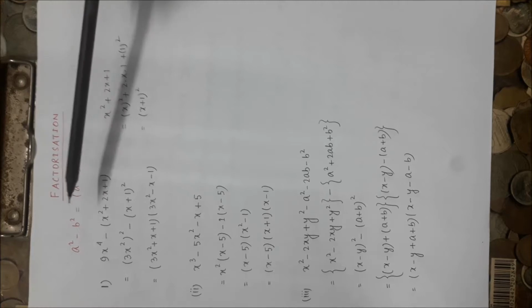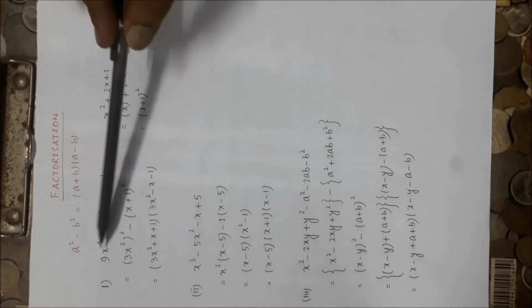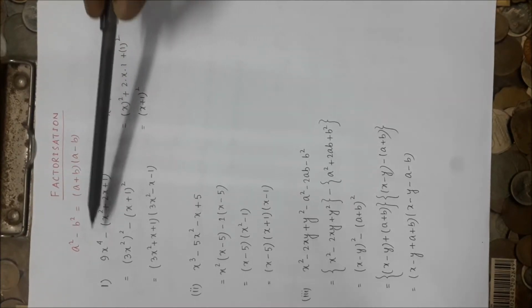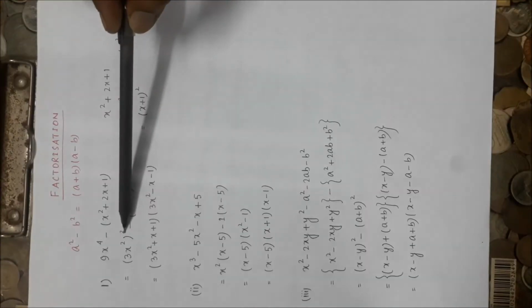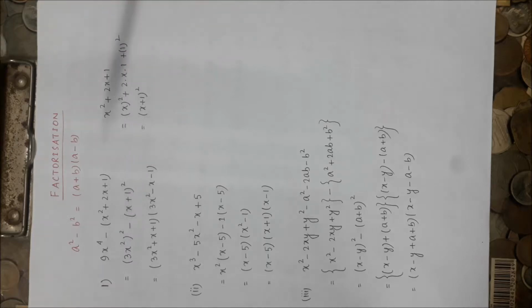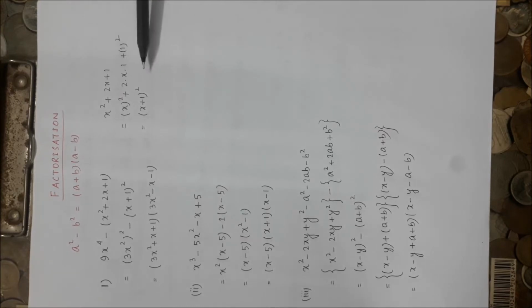So, as we know, first we need to express these terms as a perfect square. So, 9x to the power 4 can be written as square of 3x square. Now, look at this term x square plus 2x plus 1. If you arrange the term, you can write it as square of x plus 2 into x into 1 plus 1 square, which can be written as x plus 1 whole square.